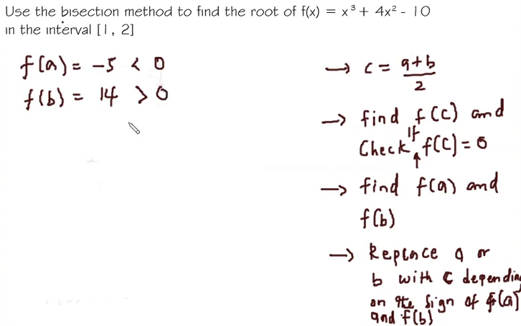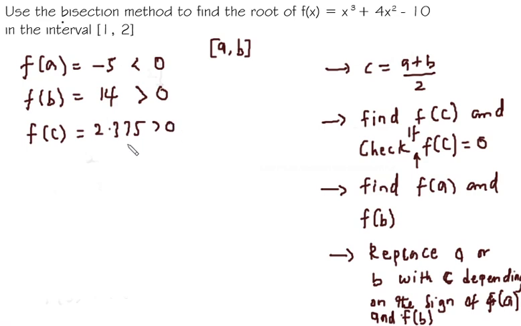Our original interval is a comma b, right? Our point here is to replace a or b with c, depending on the signs. We knew that f of c is 2.375, right? And this was greater than 0.